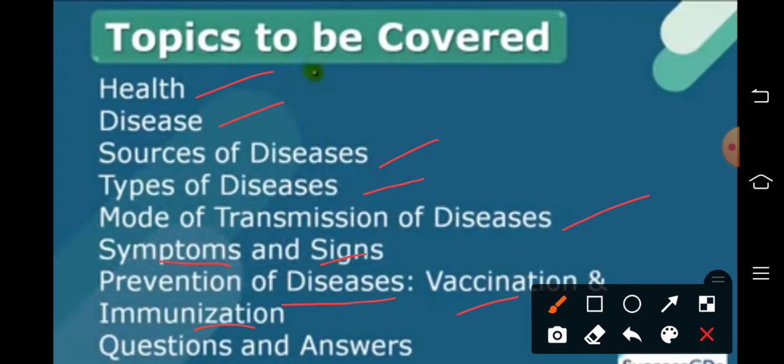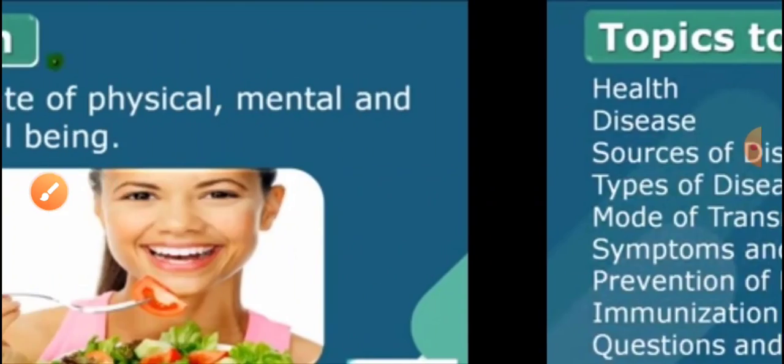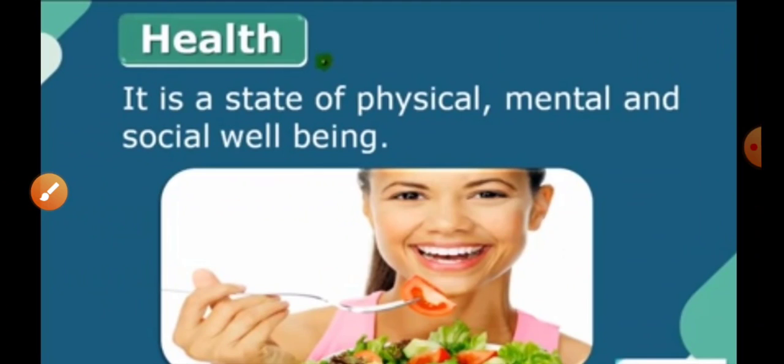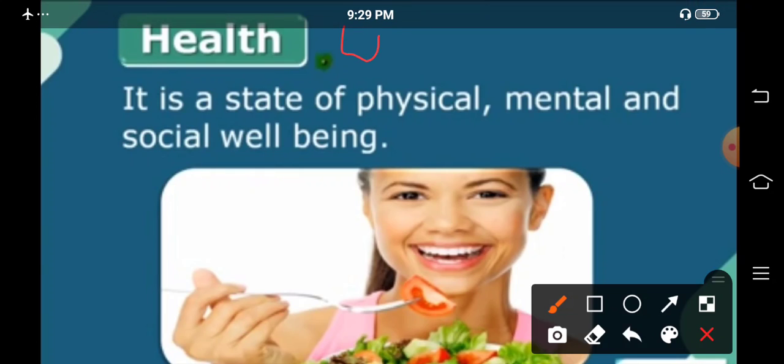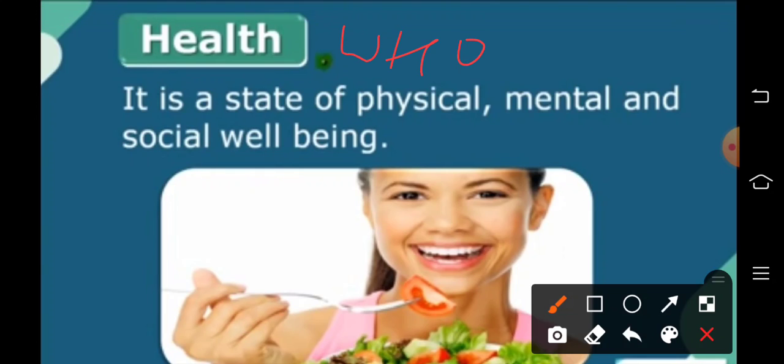Okay, so let's start with health first of all. What is health? According to the WHO, health is a state of physical, mental, and social well-being. It means that you are physically, mentally, and socially fit. Physically means your appearance. If anyone sees you, they can say whether you are healthy or not.